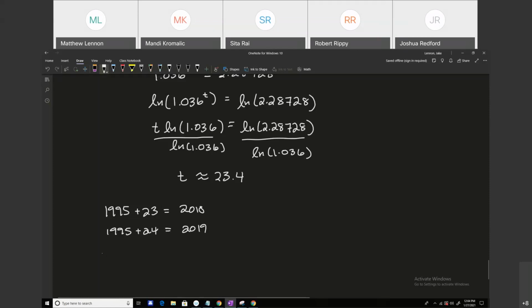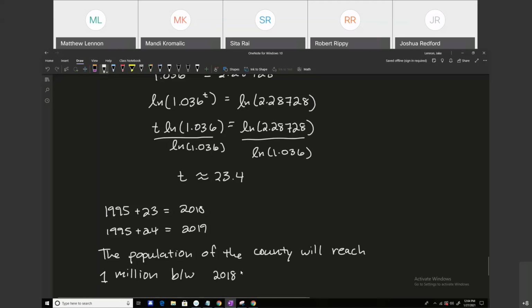So basically the population of the county will reach 1 million between, let's say, 2018 and 2019.